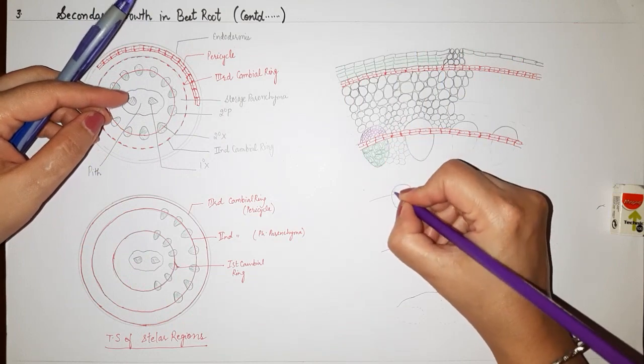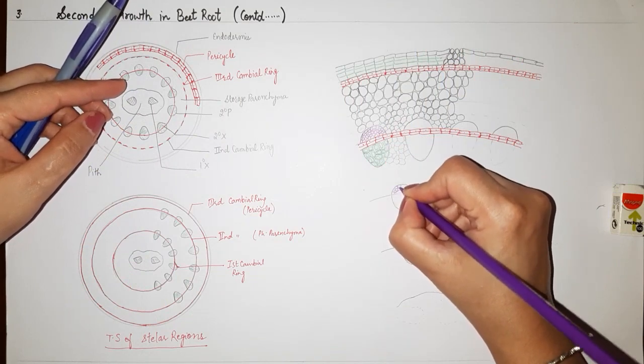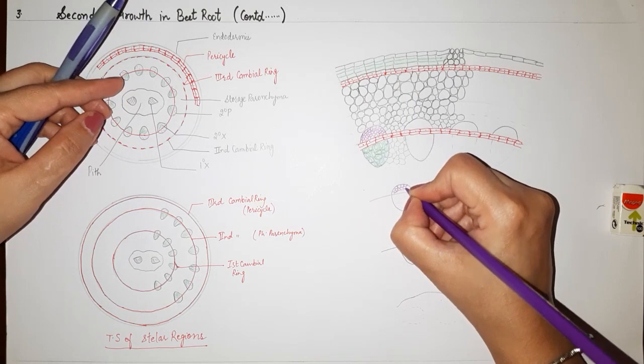So I'll draw one more bundle. Smallest cells of your diagram, secondary phloem.